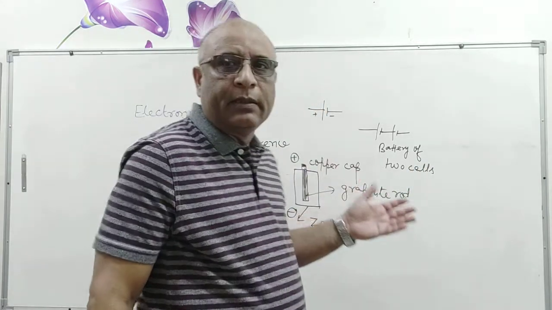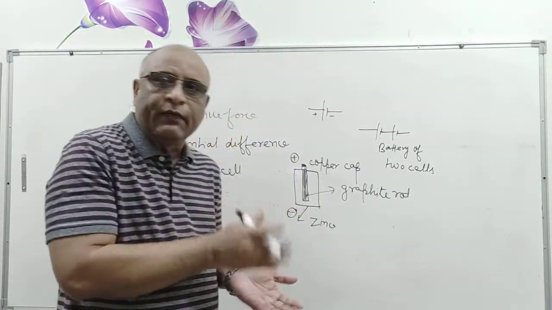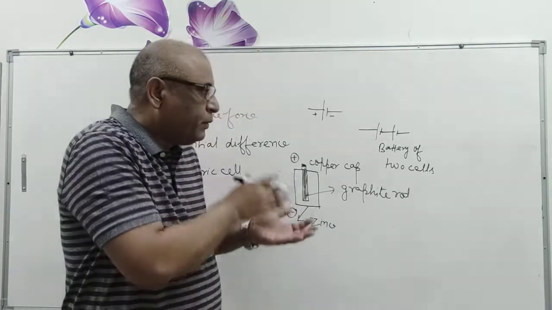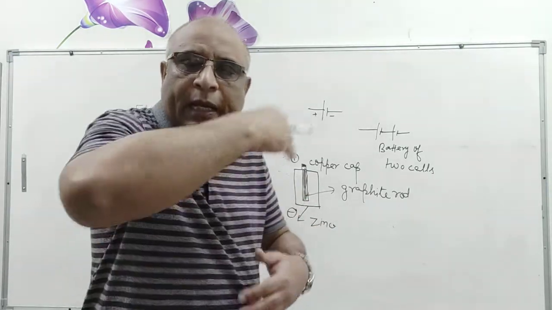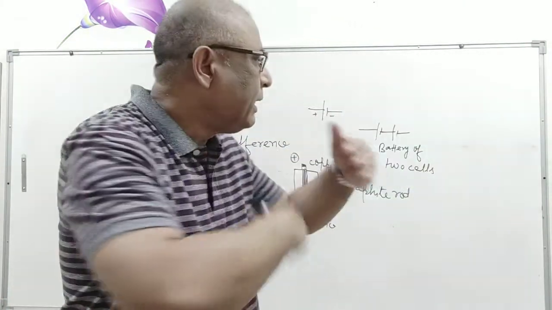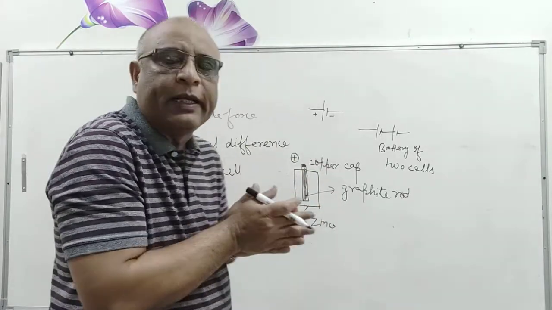This battery creates a potential difference, and this potential difference pushes electrons to move in the electrical network, and so this is known as EMF.